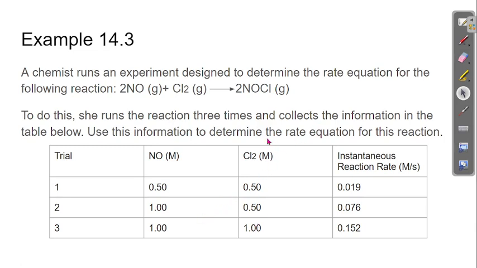So now we want to find Y. We want to see changes in concentration of Y. When does that happen? Between trial 2 and trial 3, it doubled again. And what happened to the rate? The rate doubled as well.